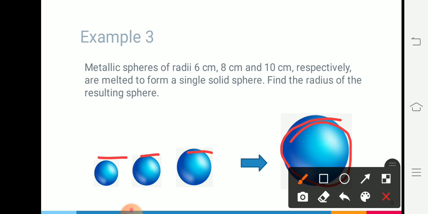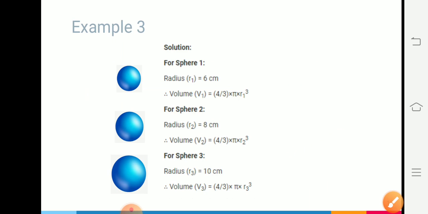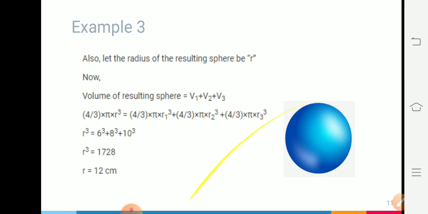So it's very simple. You need to take out the volume of all the three, add the volumes, which will be the volume of this big sphere, and then from this volume you need to take out the radius. Just look at the calculation. Volume of each sphere you take out, and then the resulting sphere, suppose it has r as the radius, so it will be the addition of all the three volumes.